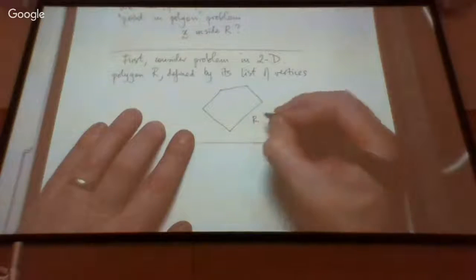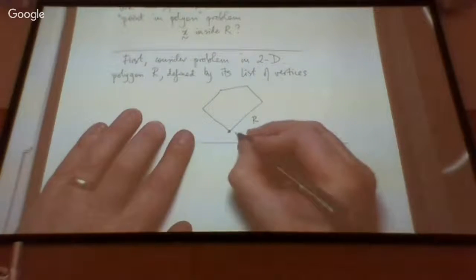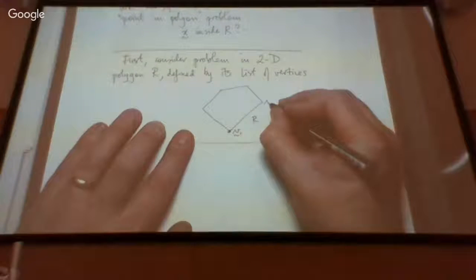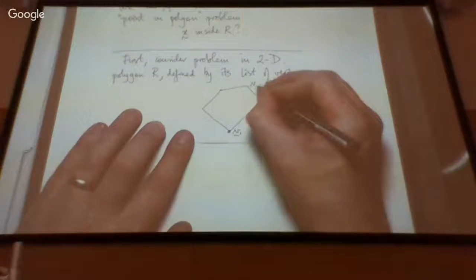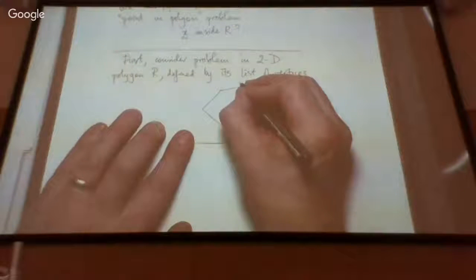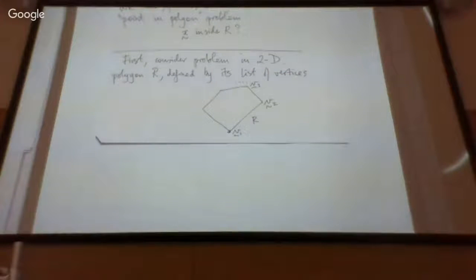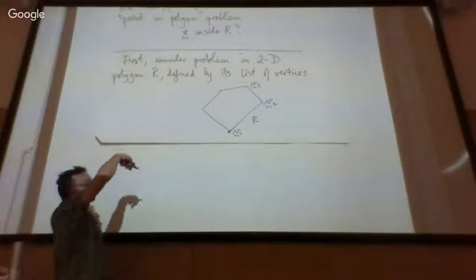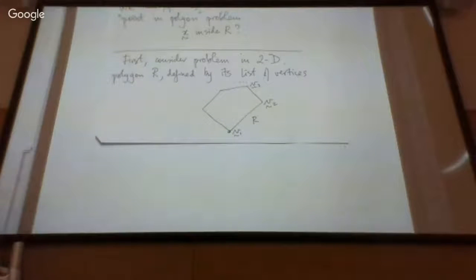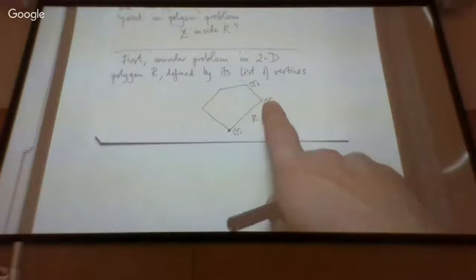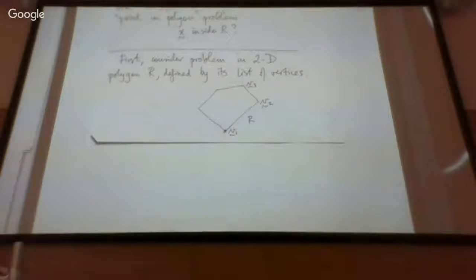Here's R, and it's got vertex 1, vertex 2, vertex 3, and so on. We'll take this to be an oriented list of vertices which takes you around the boundary of the polygon. So it's an ordered list of vertices: vertex 1 followed by vertex 2, followed by vertex 3, all the way around.